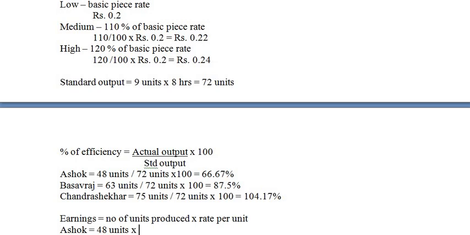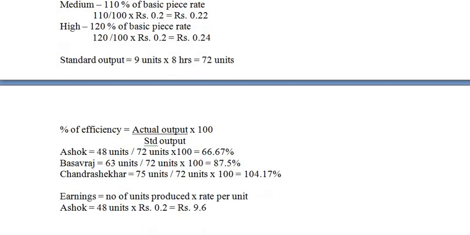His efficiency level is 66.67%, which is less than 83%, right? So here basic piece rate is applicable. So basic piece rate is rupees 0.2, which is equal to rupees 9.6. Next is Basavraj.